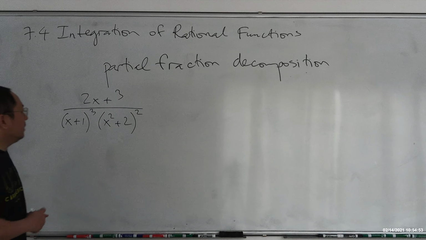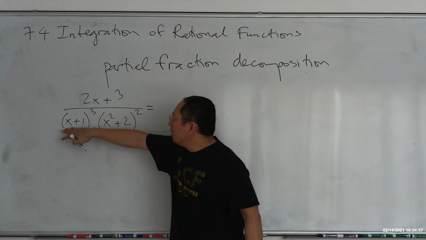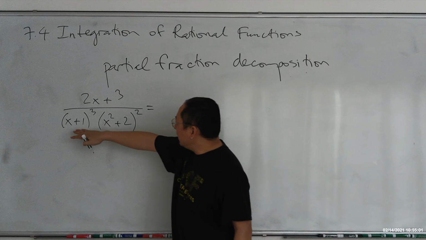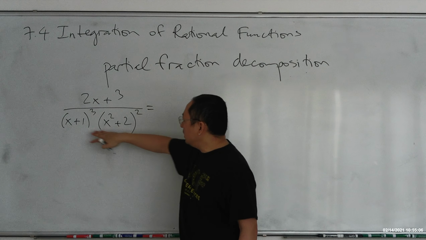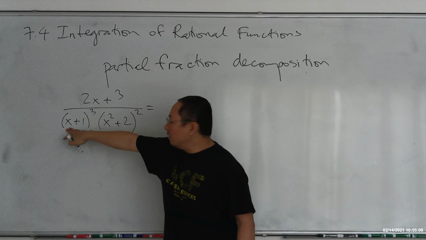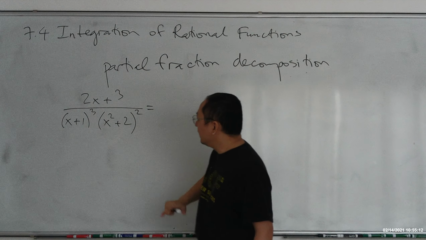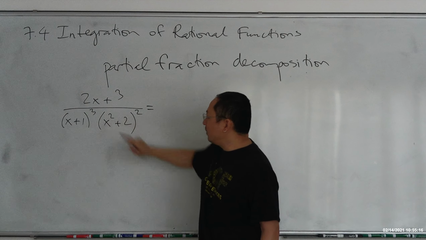And the rule for breaking this out is this. We're looking at the factors in the denominator, okay? So I see that in this example, I gave you two typical types of factors. This one is a linear one, just a single x, right? Plus a constant, of course, raised to some power. It's called the multiplicity. And then the second type of factor is a quadratic one, x squared plus 2.